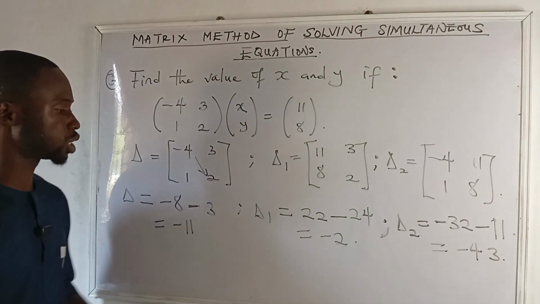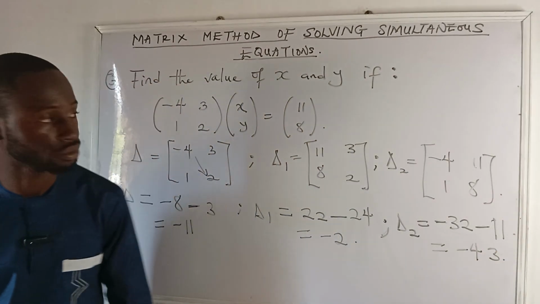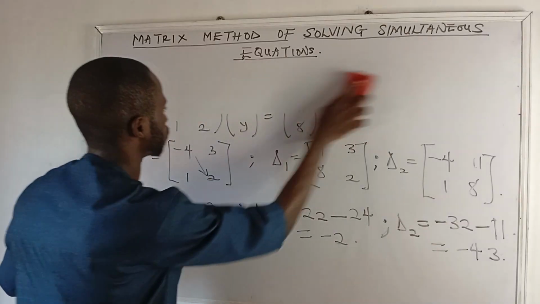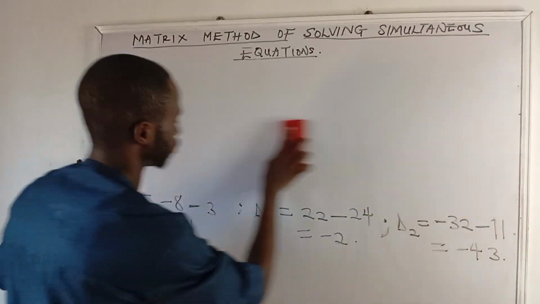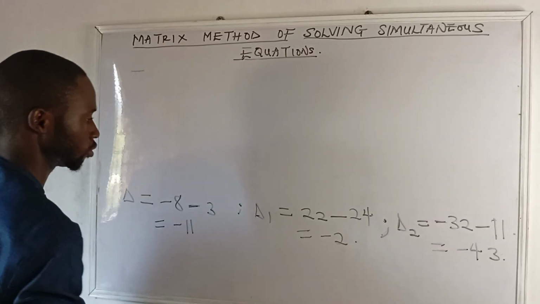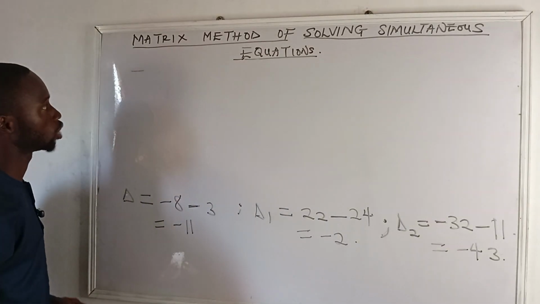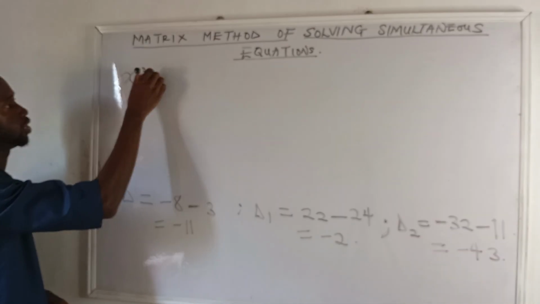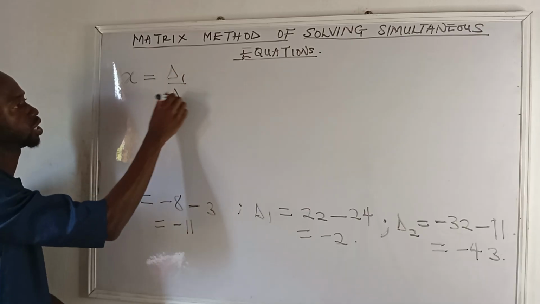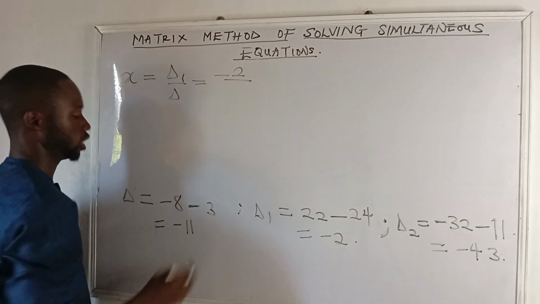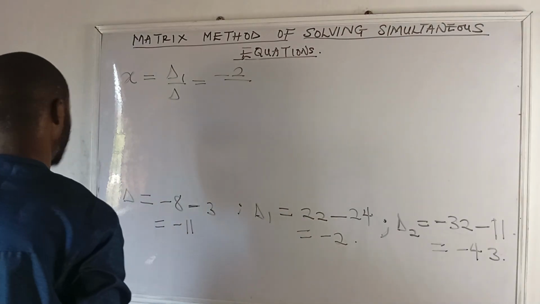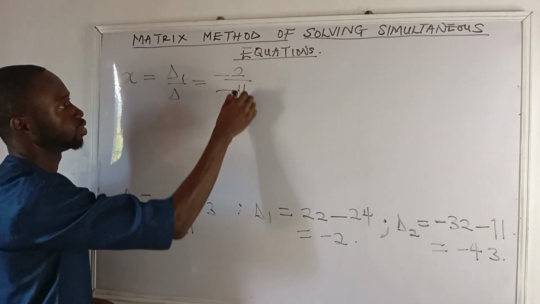So what we need to do next is find x and find y. So what do we have? We are going to have x is equal to delta 1 over delta. What's our delta 1? Minus 2. Our delta is minus 11.